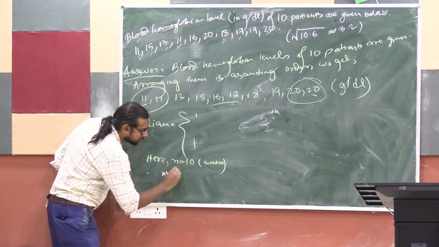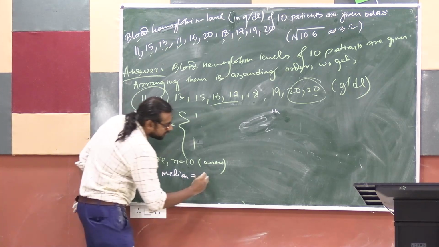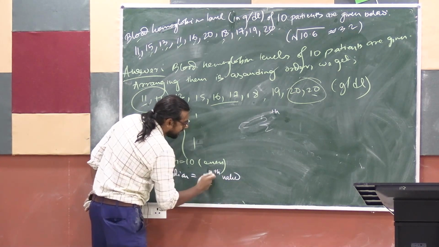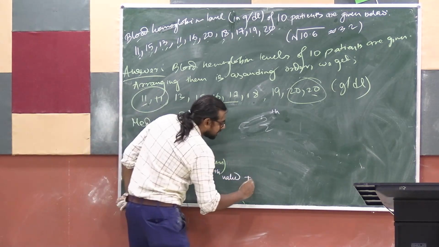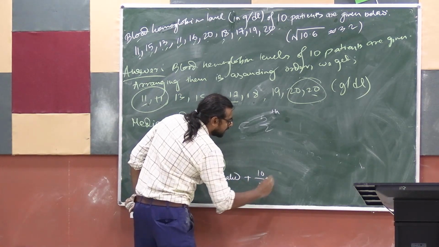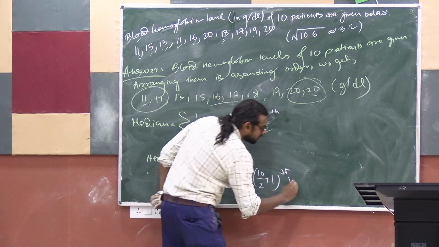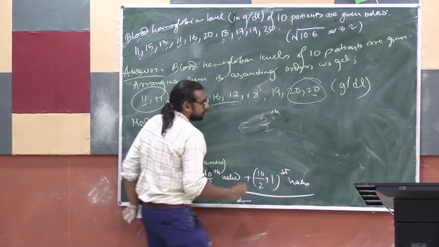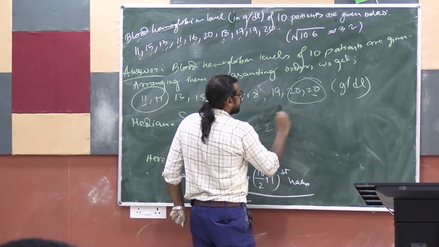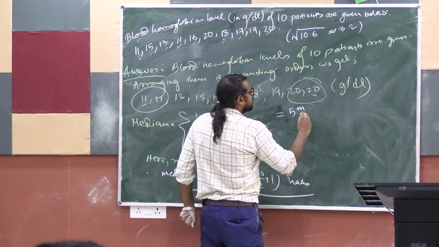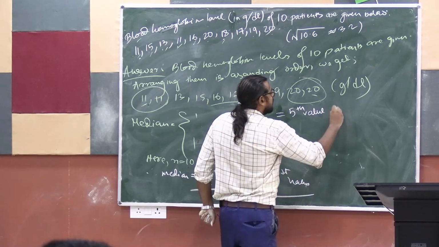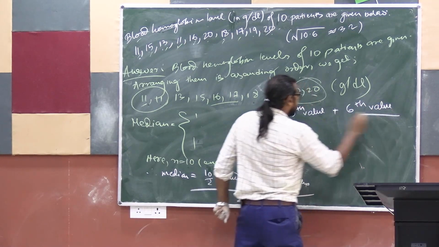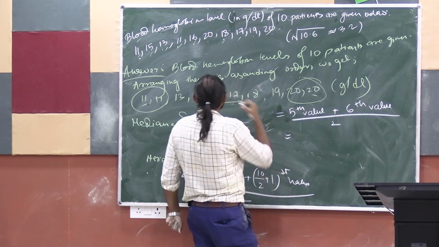Therefore median is equal to the (10/2)th value plus the (10/2 plus 1)th value, by 2. Fifth value plus sixth value divided by 2. What is that?